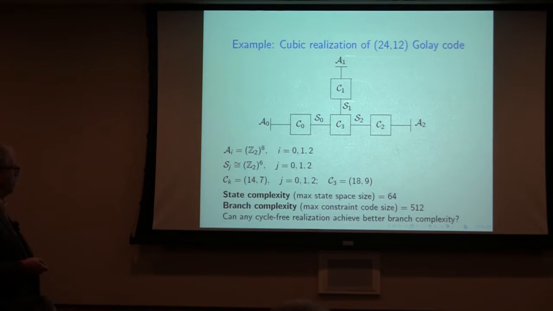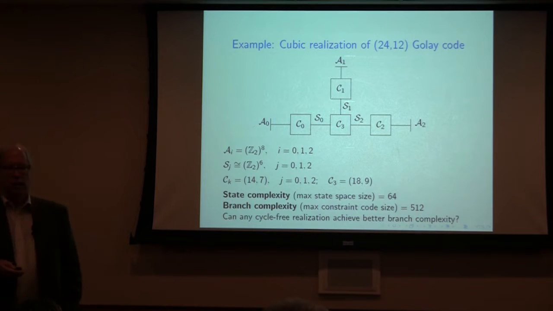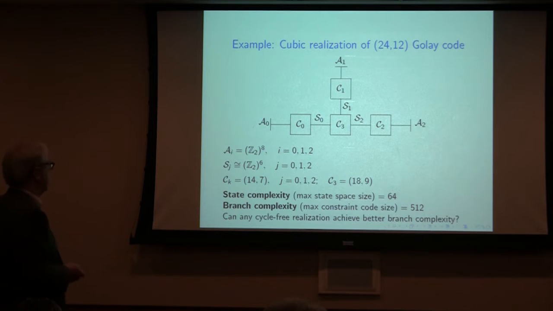But notice that the maximum constraint code size here, which is the size of the constraint in the center, is only 512. It's still only 512. And I'm not sure there's ever been a proof, but it's pretty well accepted that you can't get a cycle-free representation of the Golay code that has constraint complexity less than 2 to the 9th, 512.